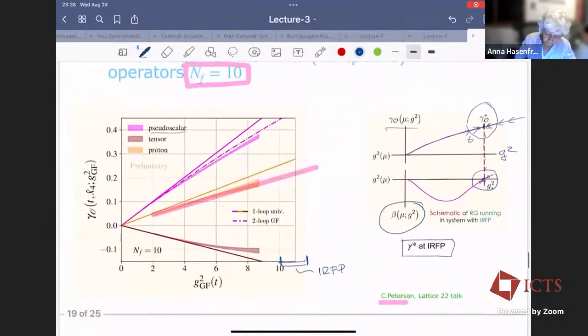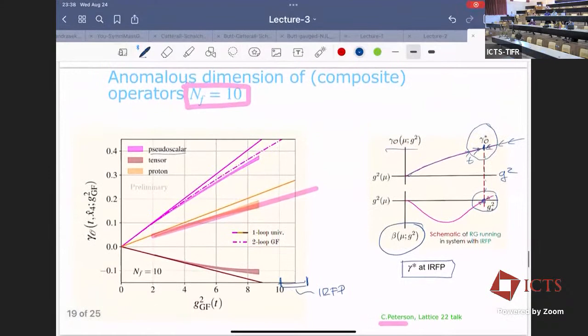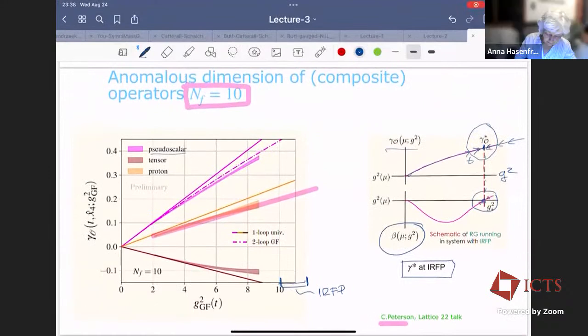Okay, like this? Yes. But we don't know where the IR fixed point emerges. So what do we know?